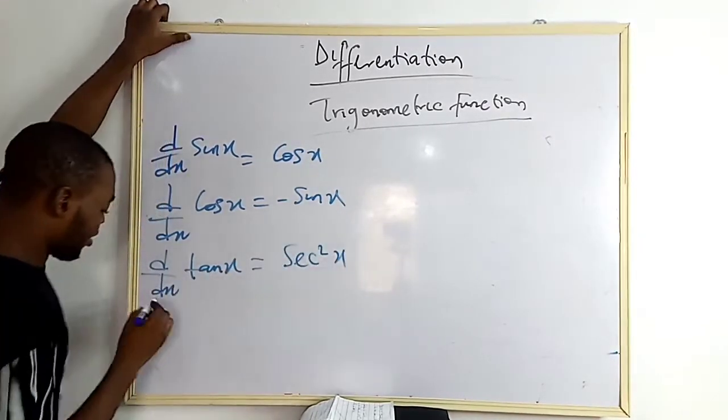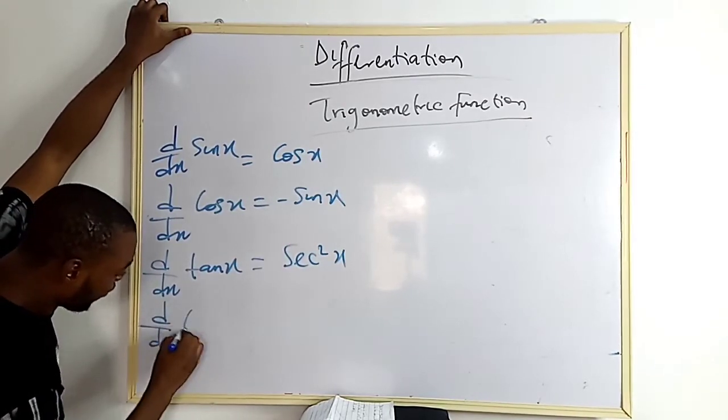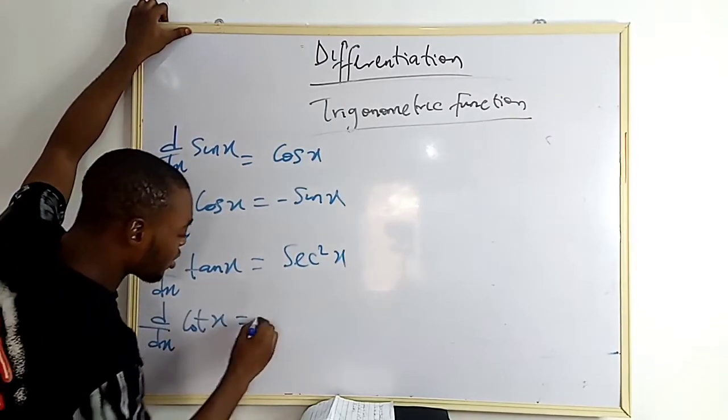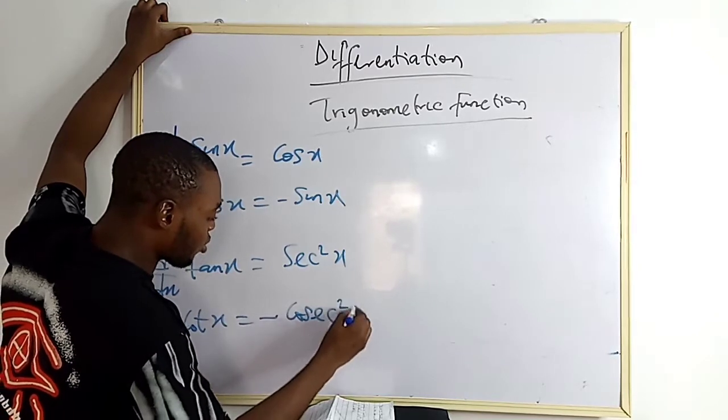Sec squared x. d/dx of cot x equals minus cosec squared x.